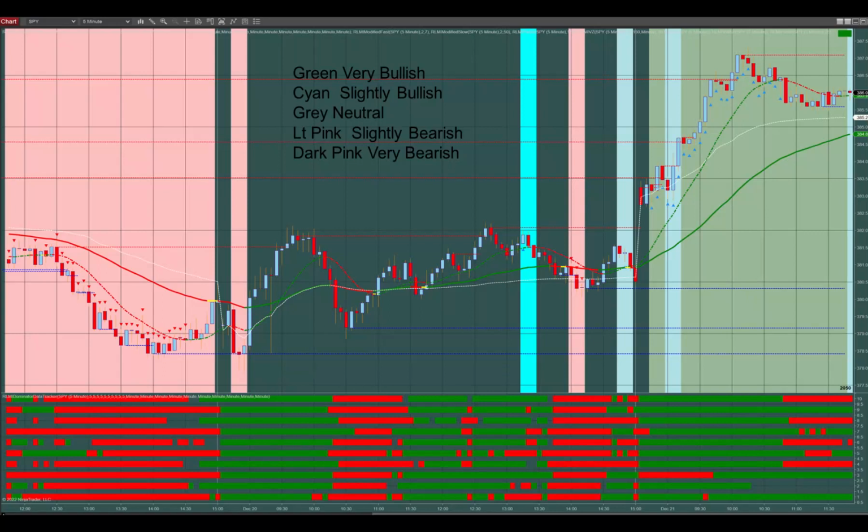You look at your plots in the lower window, you can see where you have the transition between red and green, and when it goes from 8 or 9 to 10 red to 8 or 9, 10 green in 1 bar, then you can see the background colors change dramatically between being neutral to being very bullish or very bearish. So we'll cover this a little bit more. We'll look at some live video of the Dominator system, so it'll hopefully help you with your use of the Dominator.